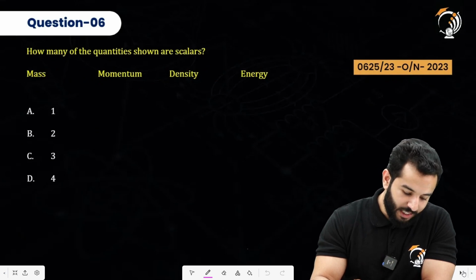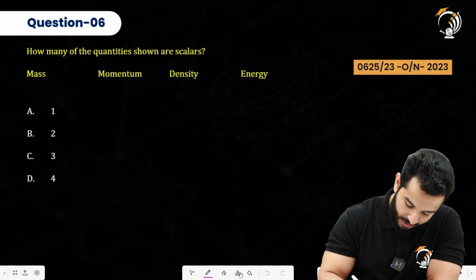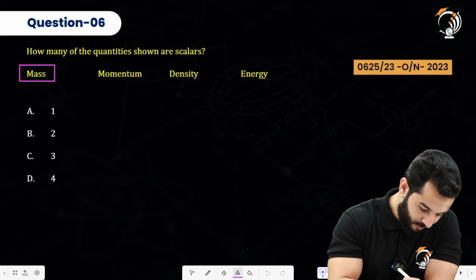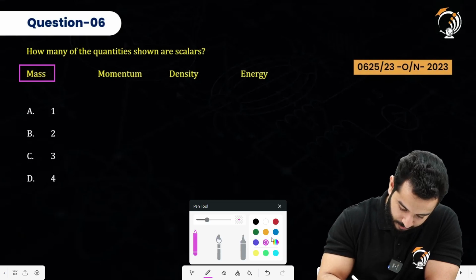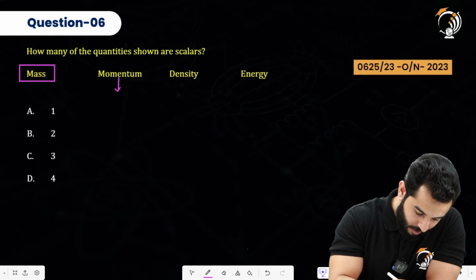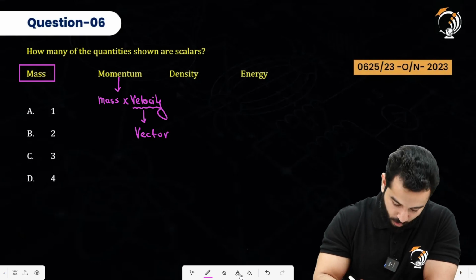How many quantities shown over here are scalars? So let's figure it out. Obviously mass is a scalar quantity. Momentum is nothing but mass times velocity, and velocity is a vector quantity, so momentum will also be a vector quantity.